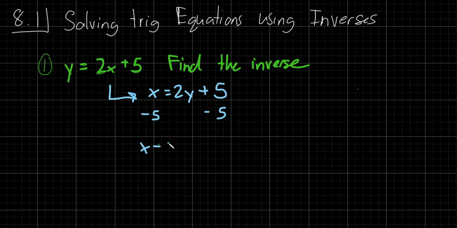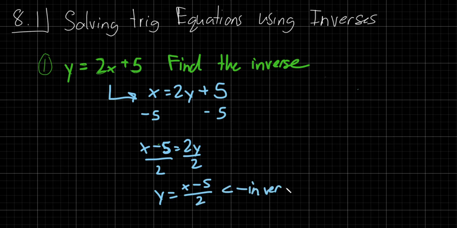So I have X minus 5 equals 2Y. Amy, what do I have to do next to get Y all by itself? Divide by 2. So now I have Y equals X minus 5 over 2. So this is my inverse function.